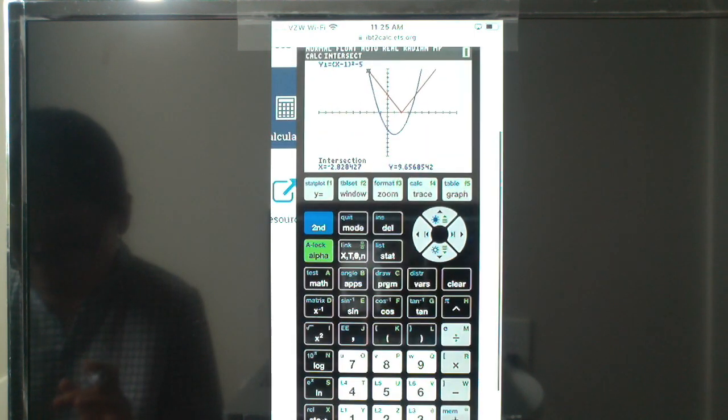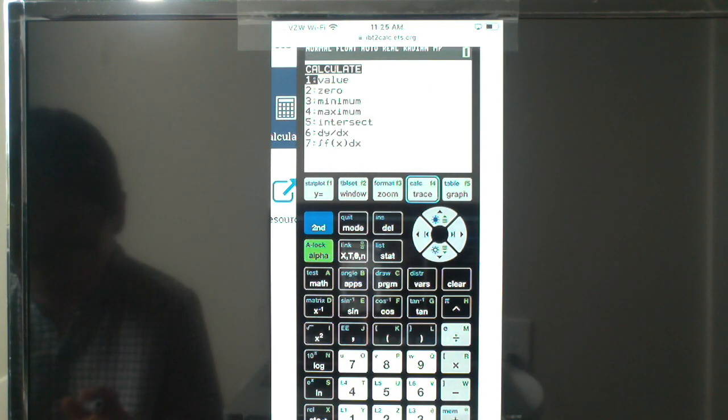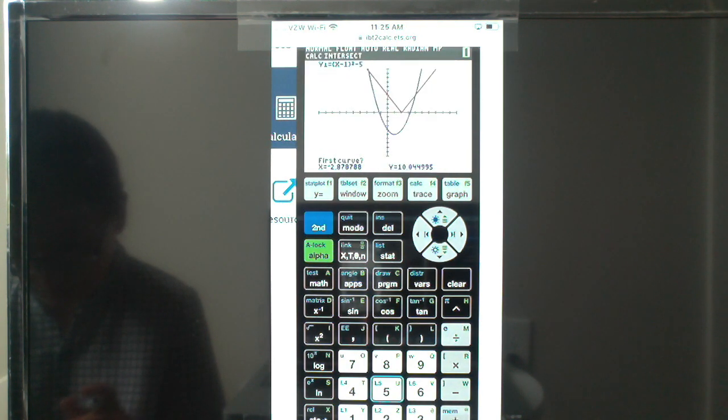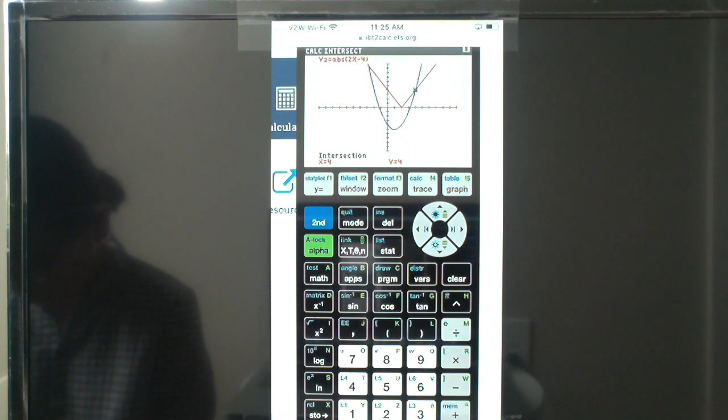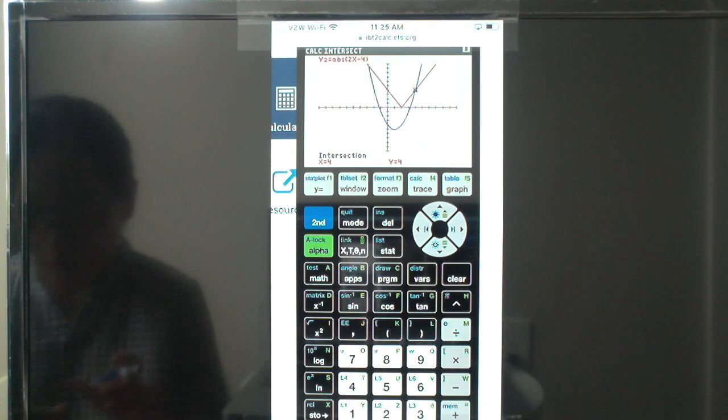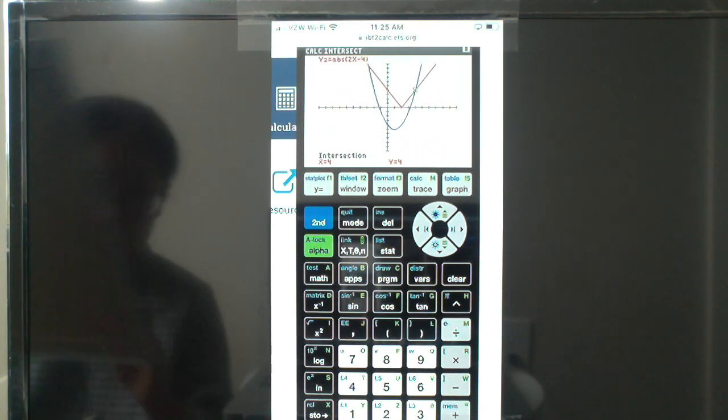And then I'll move to the other point. Blue, calculate, intersect, move where the star is moving. Enter, enter, enter. The other point is 4. So we got 2 points here.